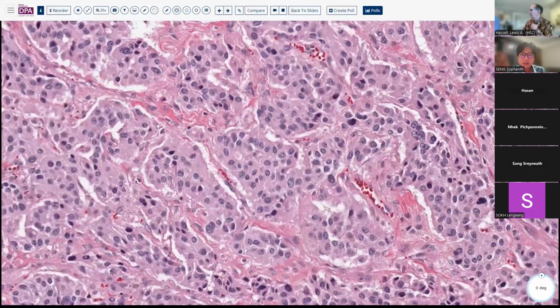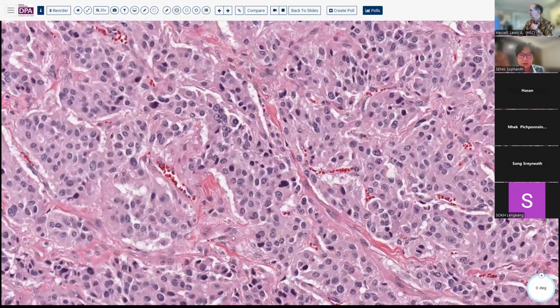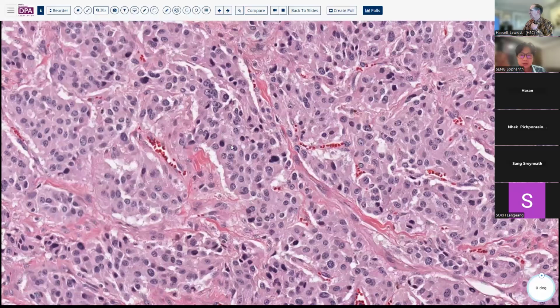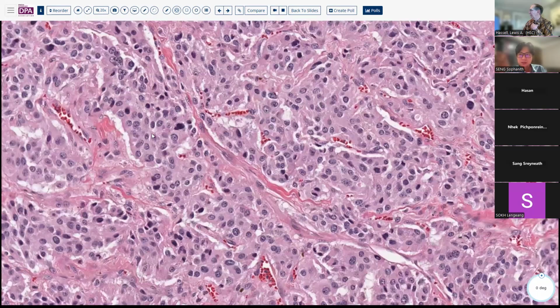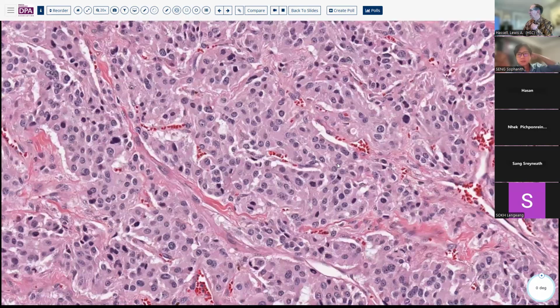In paragangliomas, you sometimes get a little bit of a spindle-shaped appearance, but you don't have that always. You can see here the nice neuroendocrine nuclear features, sort of salt and pepper chromatin, moderate to abundant cytoplasm, and quite a vascular structure here, as you see all of these small vessels coursing through here with red cells and so forth.